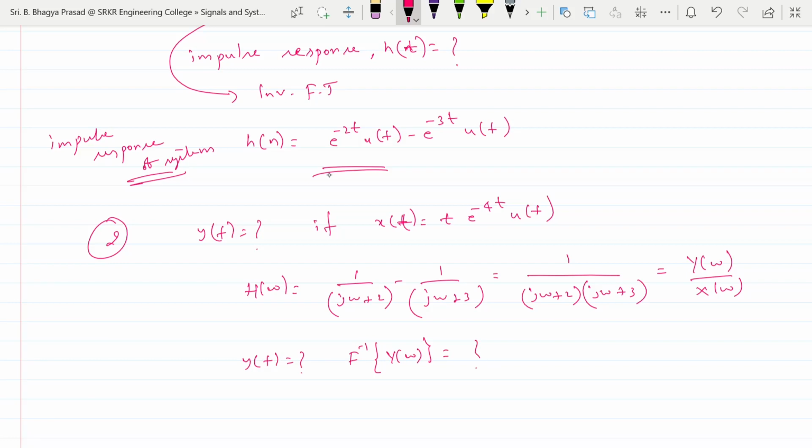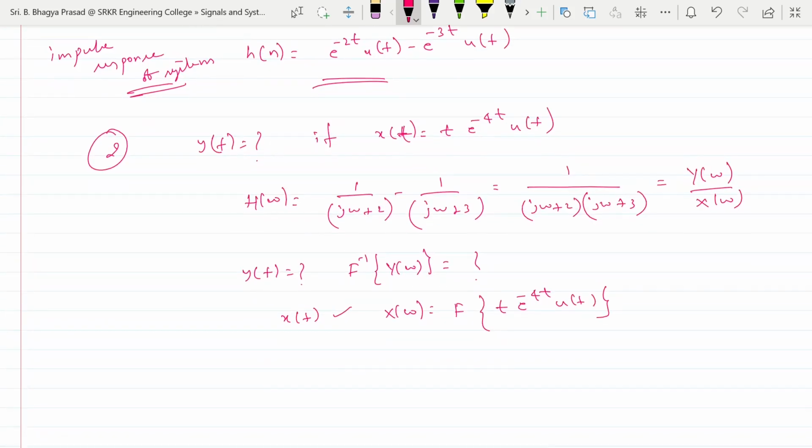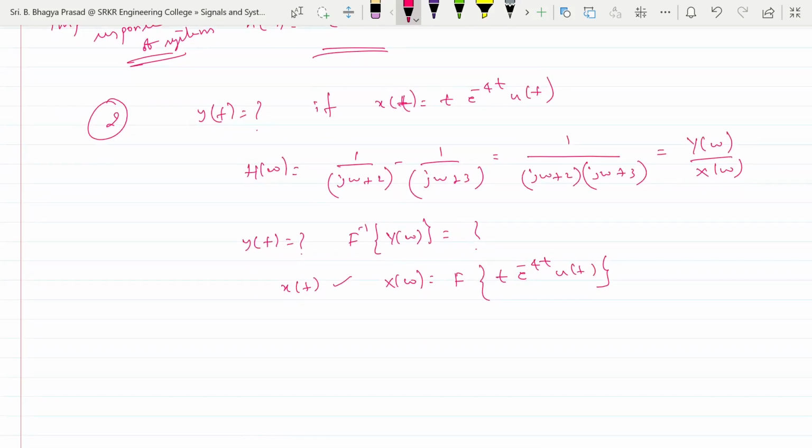We know x of t and X of omega, that is the Fourier transform of t e power minus 4t u of t. So we substitute this X of omega in the above expression for H of omega.